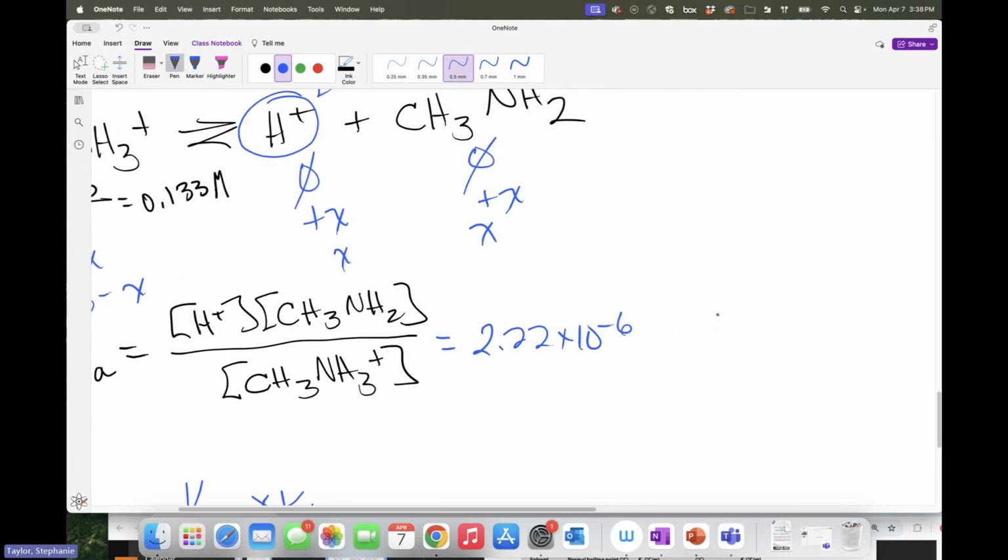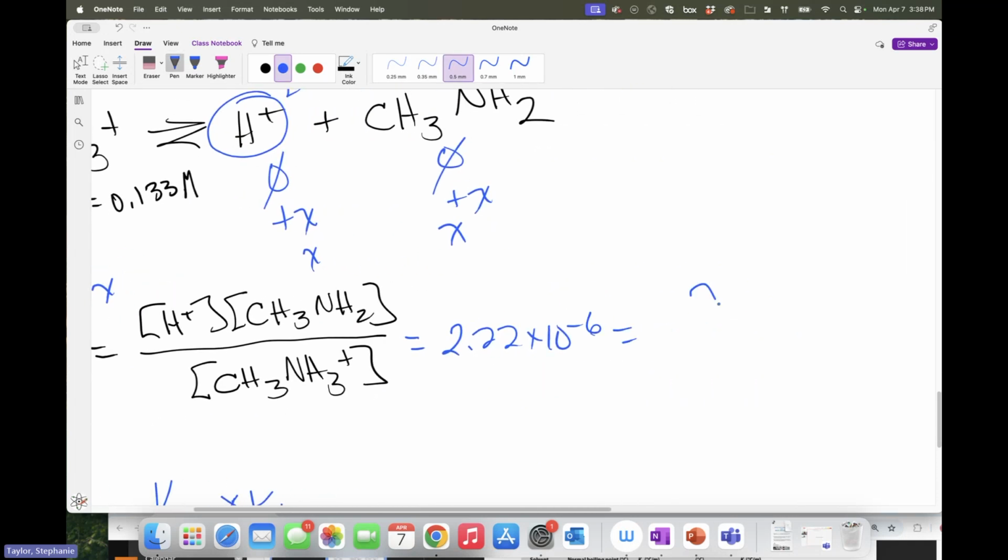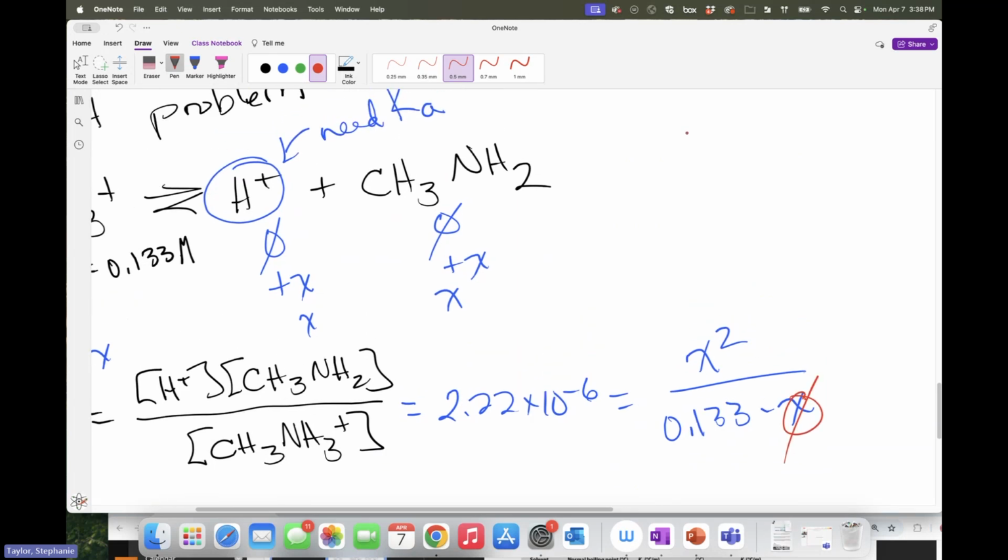Here's my Ka expression. So this is equal to x squared divided by 0.133 minus x. Gosh, I would really like to use the approximation method, and I would love to assume that this x here is 0. How do we do that?